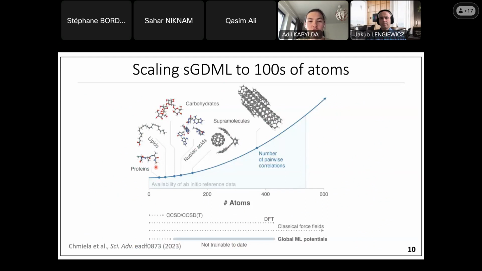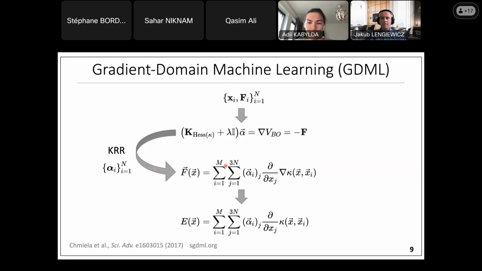In the original approach this was missed, but later, as people understood that you need to include more and more physics, this was of course remedied. In the case of the GDML approach, this resulted in a different algorithm that detects the symmetries and adds a new sum along those symmetries. So in this way, this was taken care of.